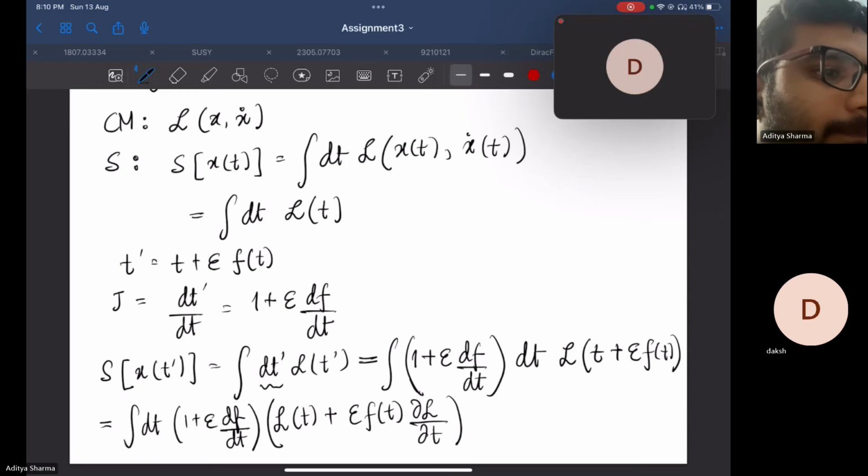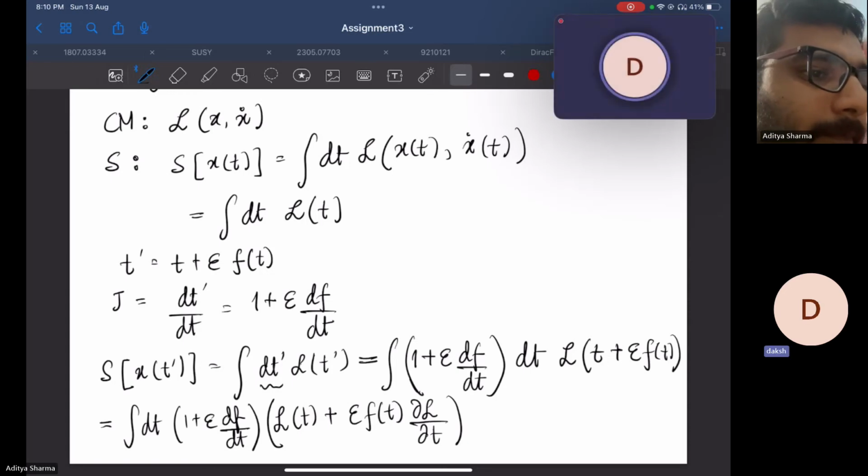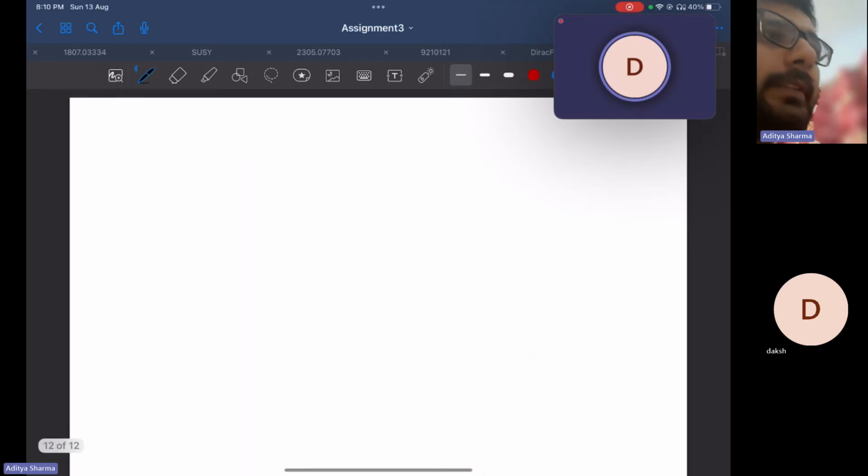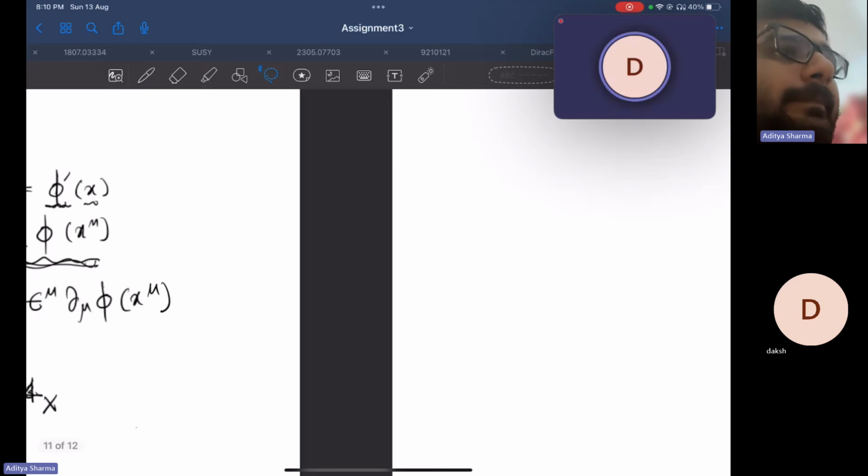So up to first order, what we are going to have is two terms.